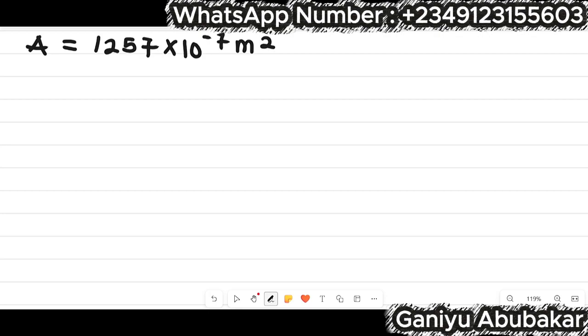That's the area. Our goal is to find resistance, R, which is equal to rho L all over area.